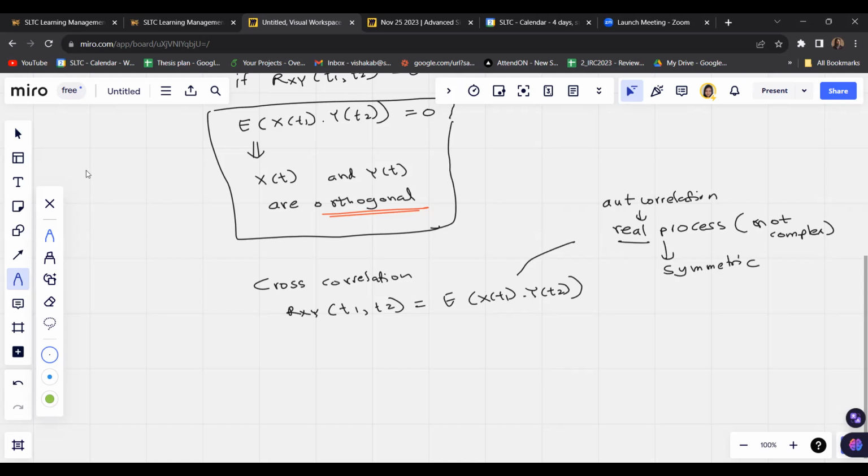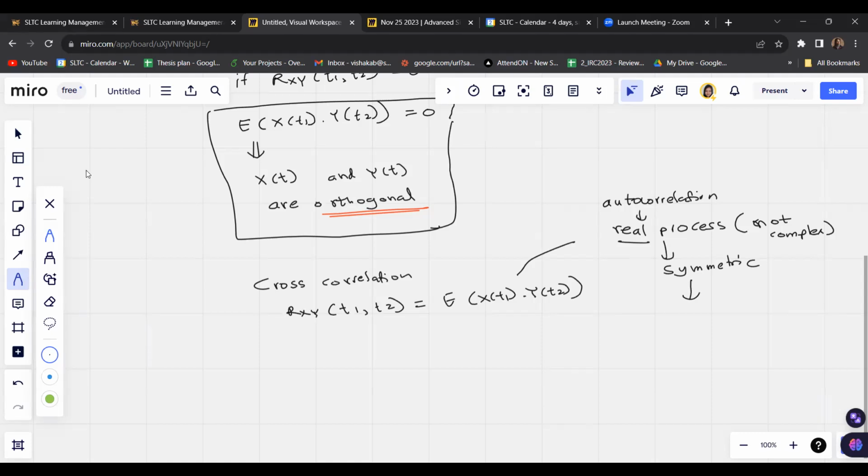We can say the autocorrelation function is a symmetric function if the process is a real process, which means that the variables are real variables, not complex random variables.